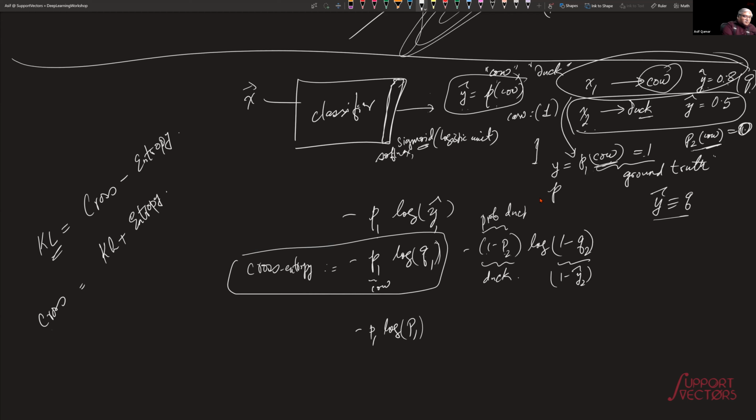So what is KL? KL divergence is always a positive quantity. It's a measure of how different they are. It's never negative, right? So what is the smallest value the cross entropy can have? It can have the value of entropy itself, entropy P, the expected thing.